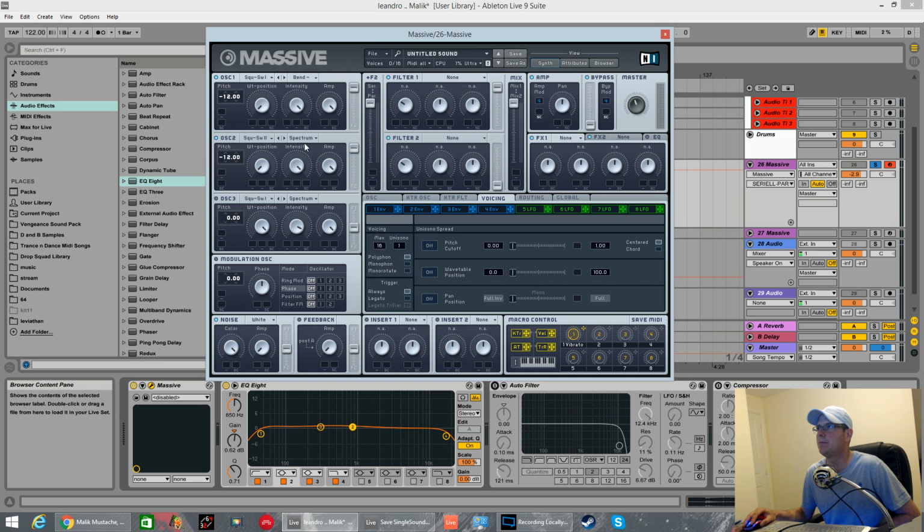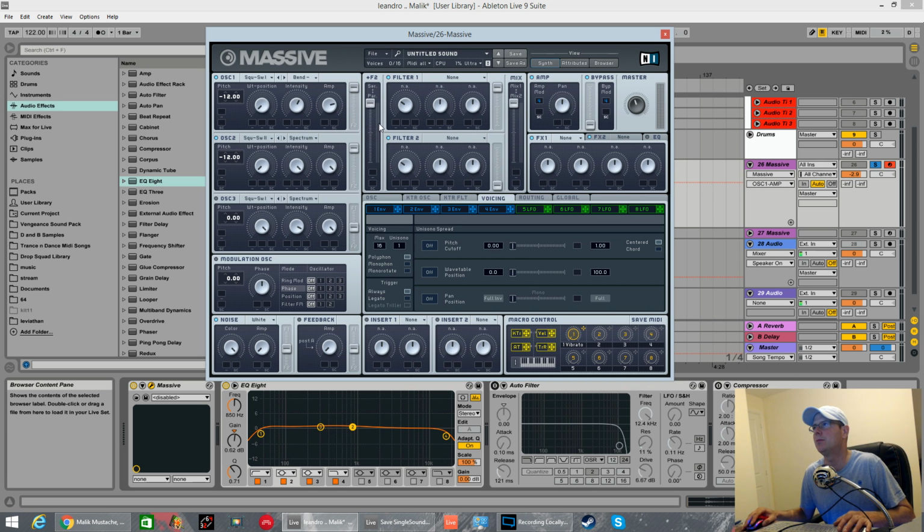Spectrum is bend negative on both of them. Although the oscillators are both the same, -12 and -12, the intensity and one of them was bend negative and one of them was spectrum. It's because I'm looking at an oscillator that I haven't used. Sorry to keep confusing you. One of them is bend negative, the intensity on about 1 o'clock.